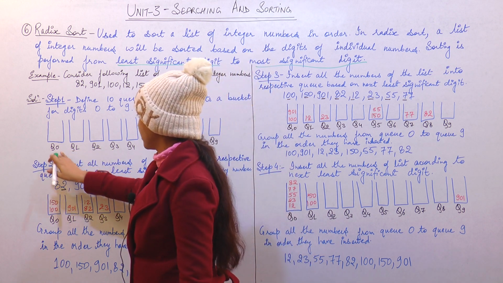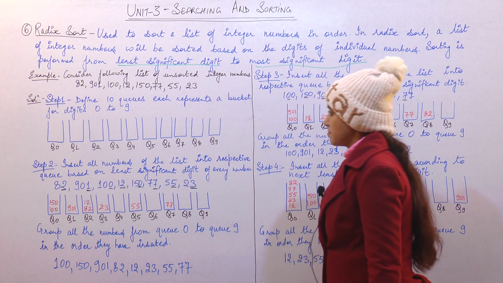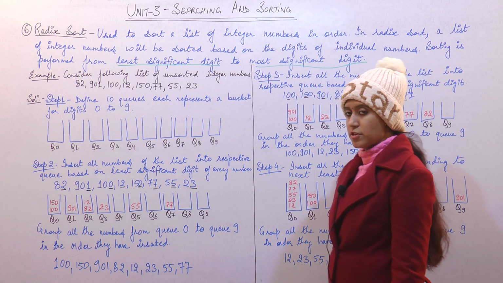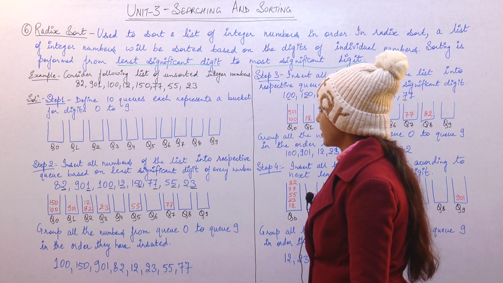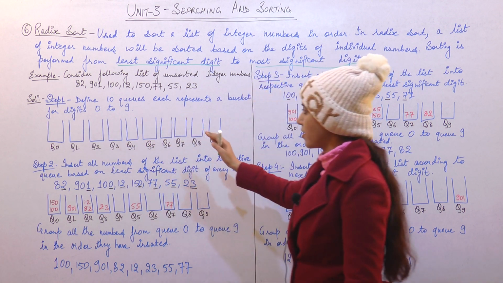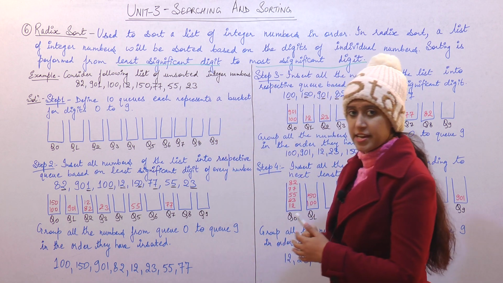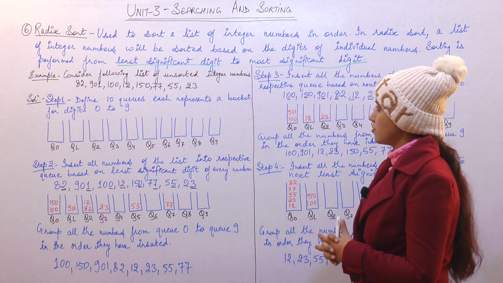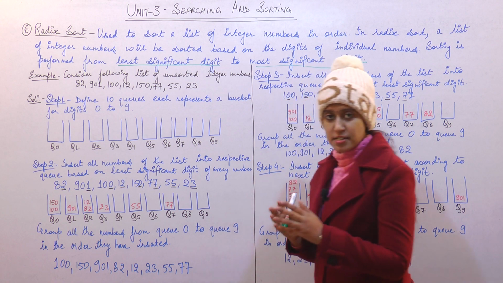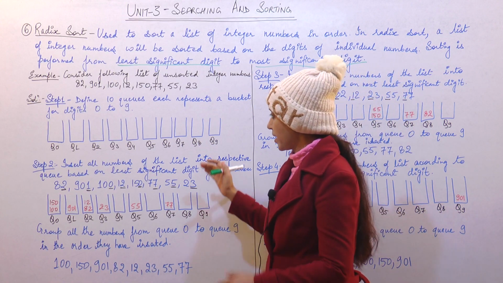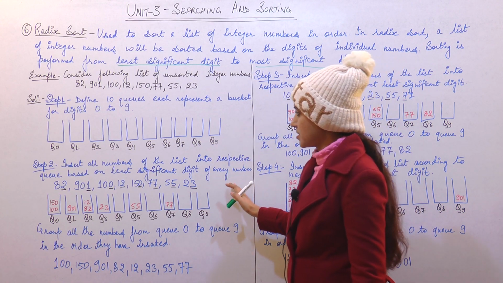We have named these buckets Q0, Q1, Q2 and so on, because we are defining 10 queues for the digits 0 to 9. Now, moving towards step 2.